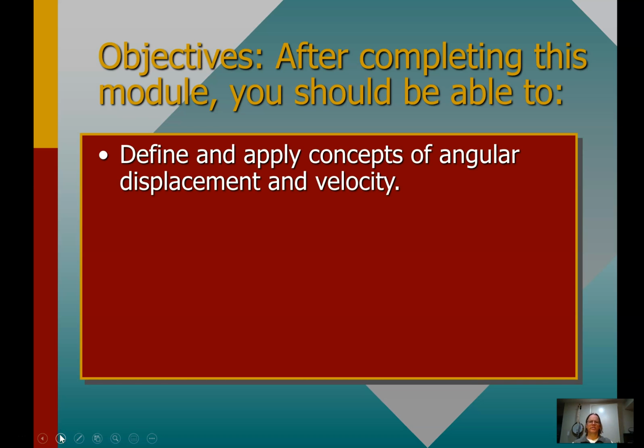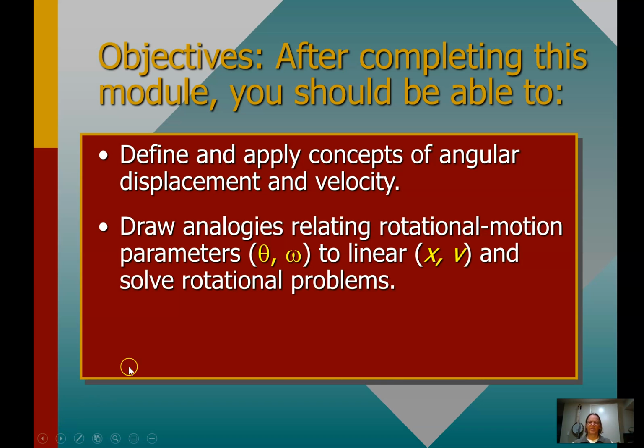So our objectives: we're going to talk about angular displacement and angular velocity. We're going to use some angular terms, some theta, some W-looking things, which is lowercase Greek omega, and compare that to the similar type of measurement. This is a displacement, angular displacement. This is a regular displacement, not through an angle, in a straight line. And this is angular speed.